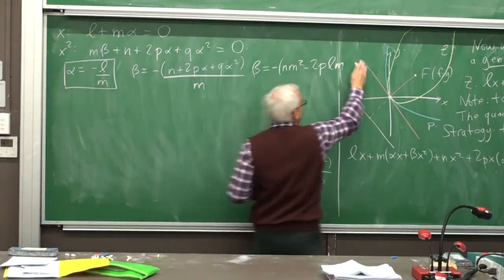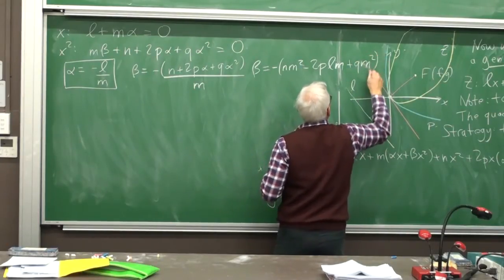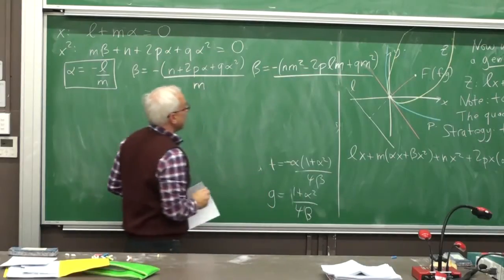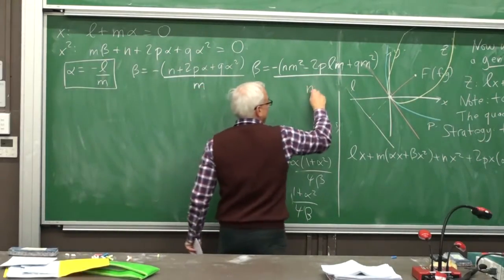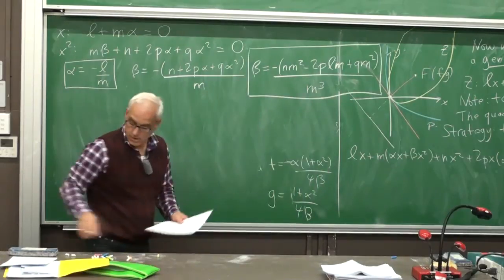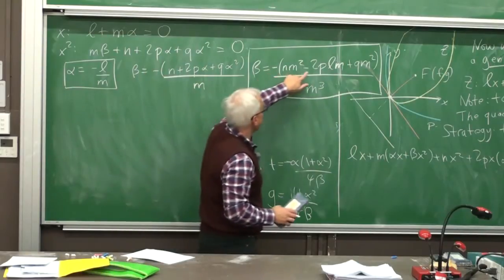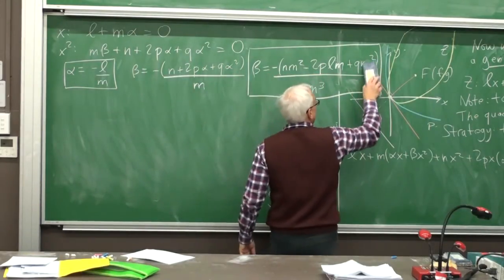And plus q m squared. All of that divided by the m, and then the m squared that we're multiplying through by for a total of m cubed. Exactly. n m squared minus 2p L m. We're putting an L over m here, so that last one should be an L squared. Thanks.